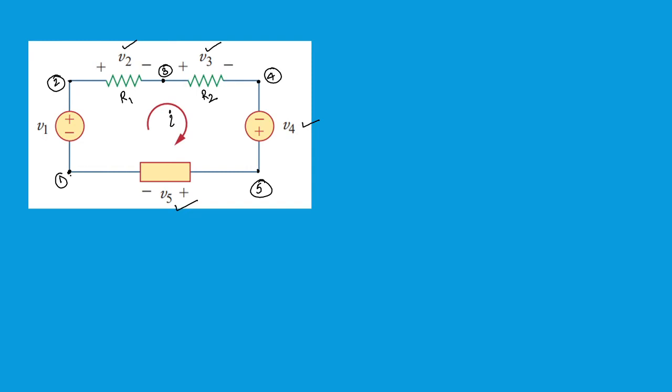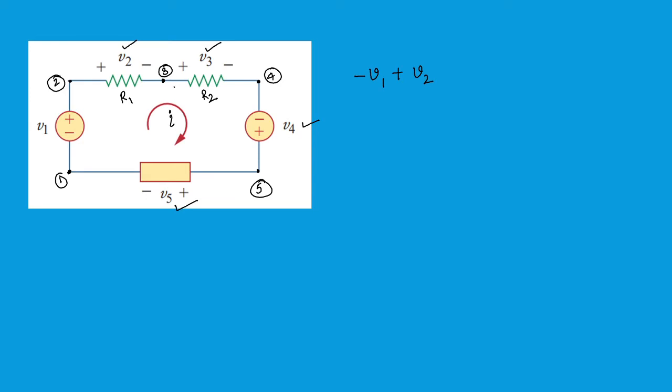Now I'm starting from node 1 to node 2, and when I'm going through voltage V1, a negative sign is encountered first. So when the negative sign is encountered first, you simply write minus V1. Then you can see whether the positive or negative sign is encountered first. Here a positive sign is encountered, so you can write plus V2.